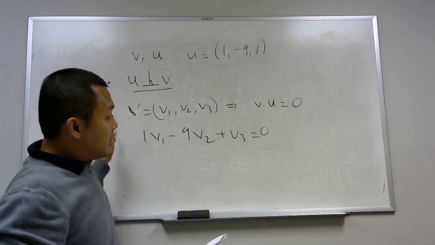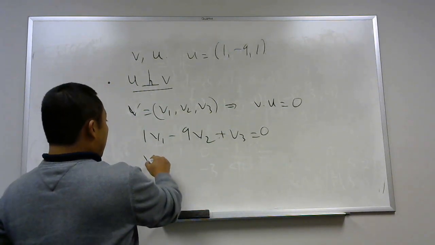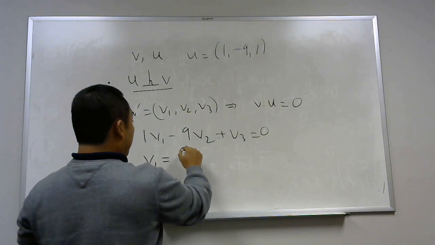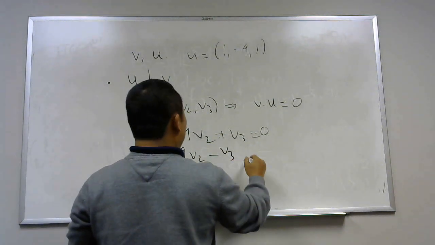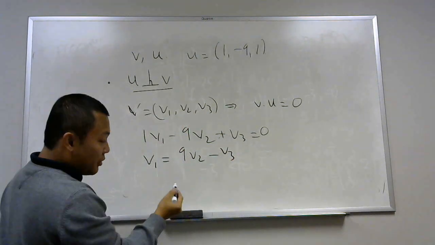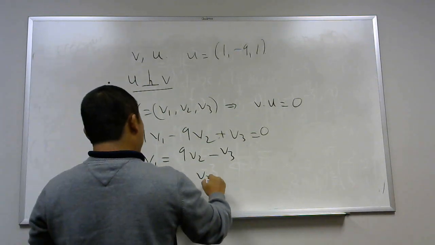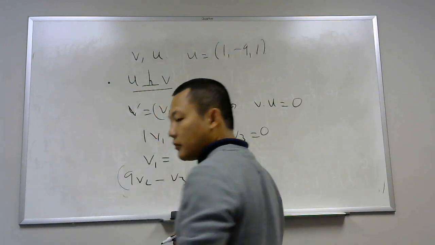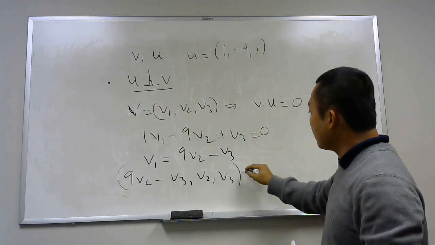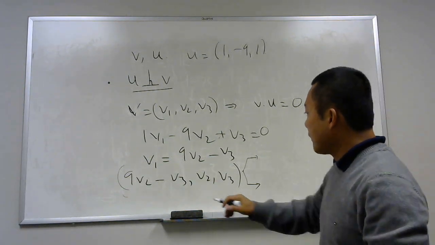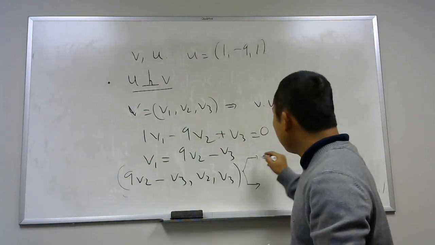Make sense? So you solve that, for example, you write v1 equal to 9 v2 minus v3, and the general solution is (9 v2 minus v3, v2, v3). From here, you can pull out two vectors for the basis.